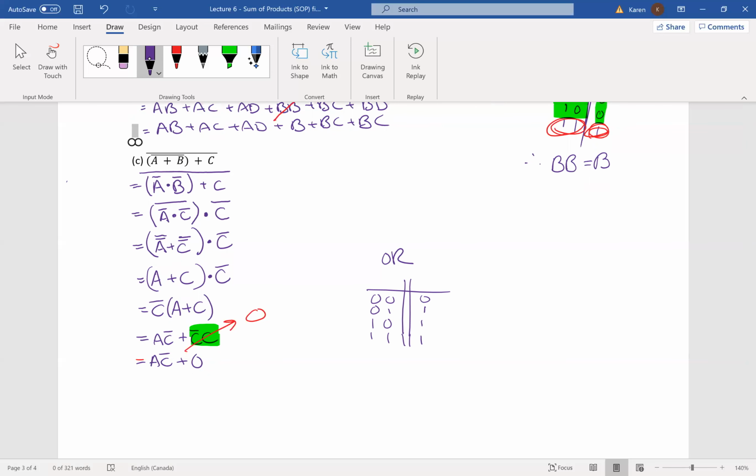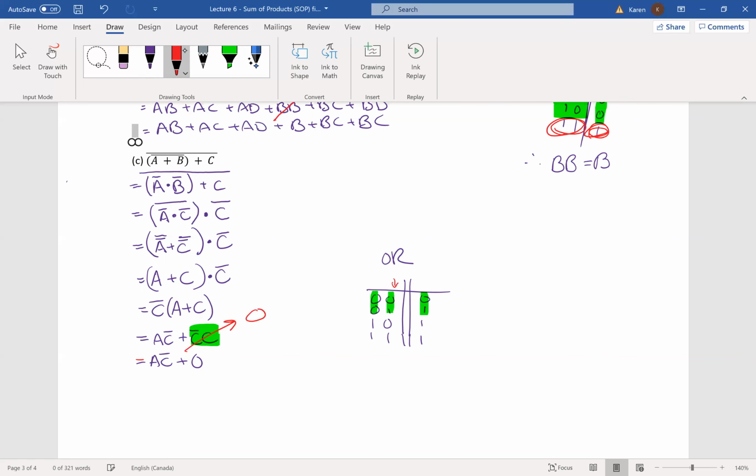And so when you're ORing anything with a 0, here's the 0 I'm ORing with, the output depends on this input.